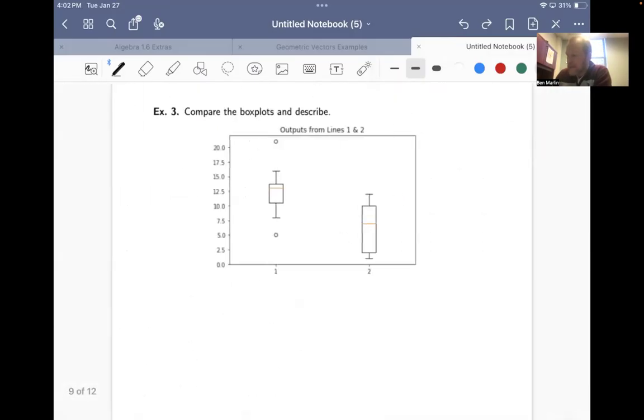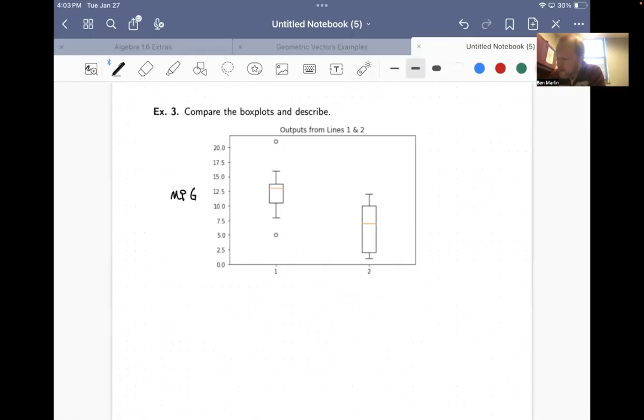So, all right, here we have an example on example 3 of some data that actually has an outlier with it. And this particular piece of software represents our outliers with circles instead of asterisks. But like I say, some software will use an asterisk instead. This asks us to compare the box plots and describe. I believe this was actually gas mileage, so miles per gallon from two different models of car from the same manufacturer.